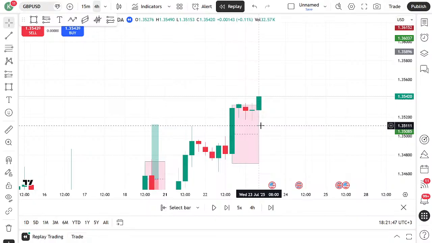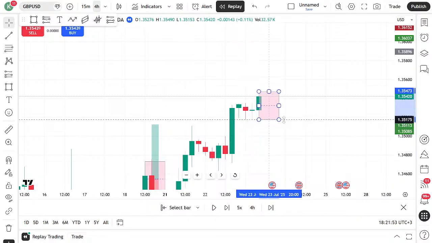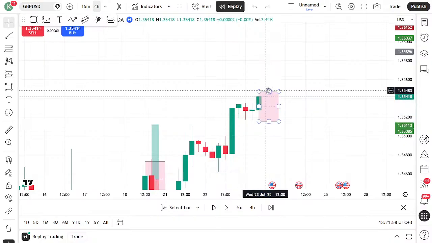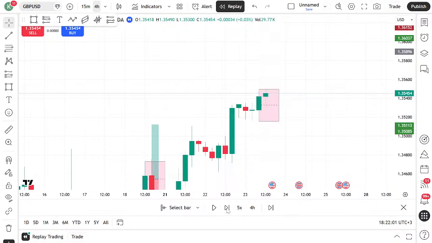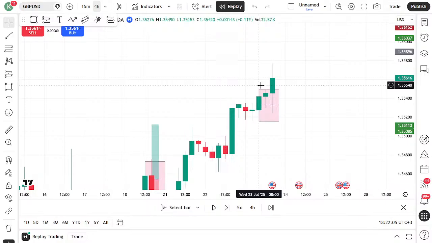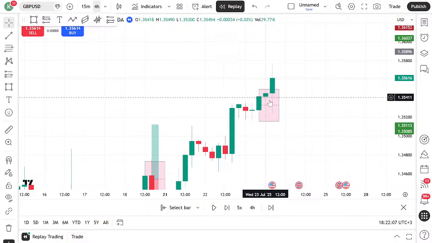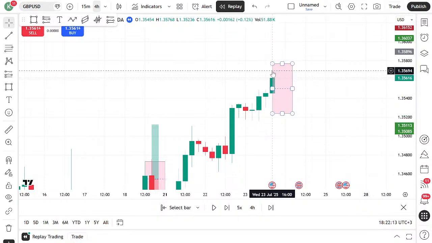So here we have the 8 a.m. candle, market's high, market's low, and then see if any candle closes above. We have a very strong candle closing above. Let's see if it closes above the midline. Yes, it does.